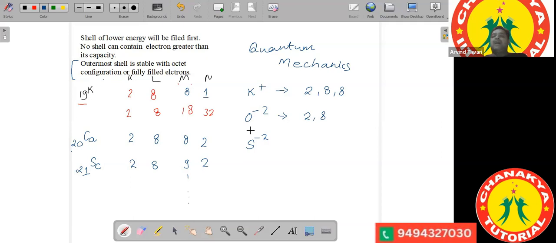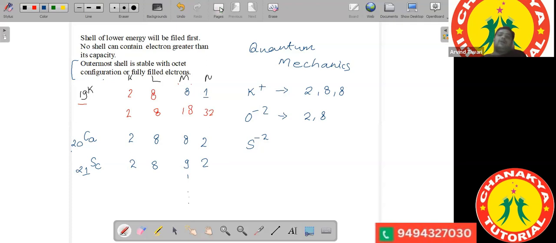Why are ions formed? Ions are formed to have the stability of the atom, as the outermost shell is stable with an octet configuration or fully filled electrons. All the elements want to attain the octet configuration, or the configuration of a fully filled state. Whatever orbitals are there, they shall be fully filled.